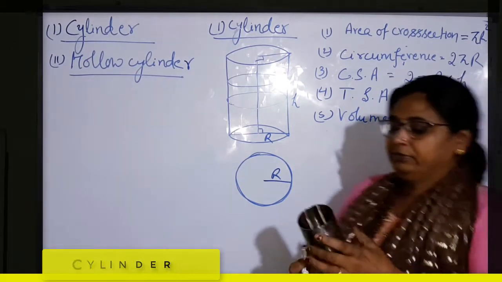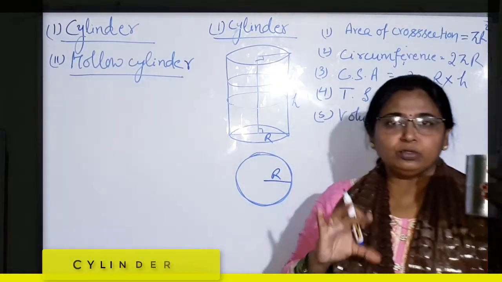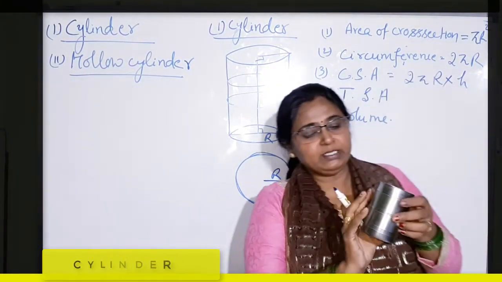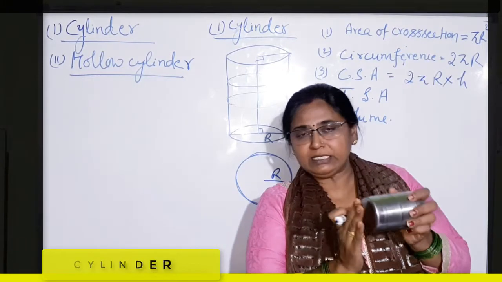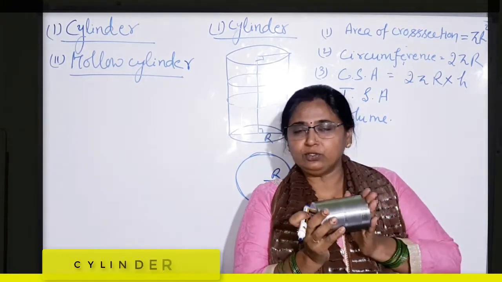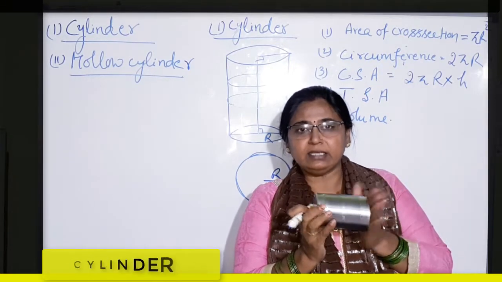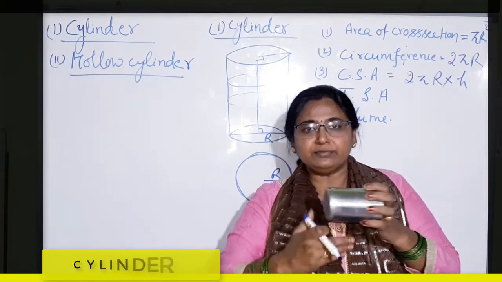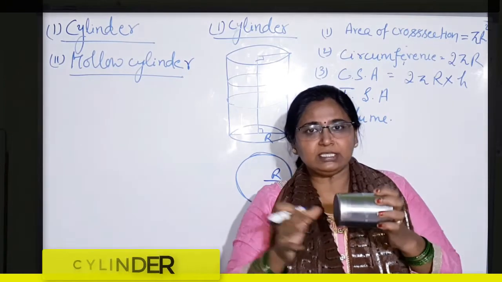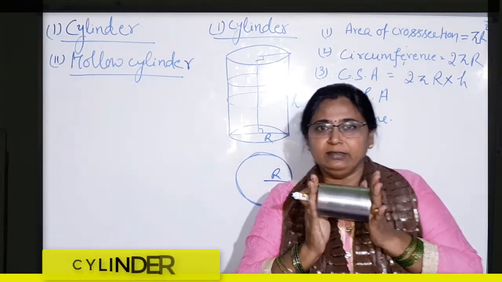If we have to find the total surface area, it means curved surface area plus the bottom area plus the top area. That means the areas of two circles are included along with the curved surface area. Understood?